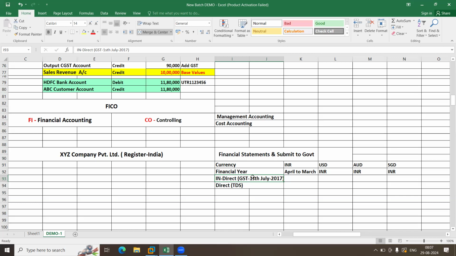Okay, what is coming with GST from the government's point of view? Also, SAP is the standard product, right? So whenever the government comes up with legal changes, SAP also comes up with them. Mostly SAP will provide the solution.